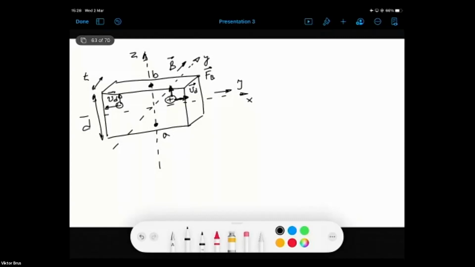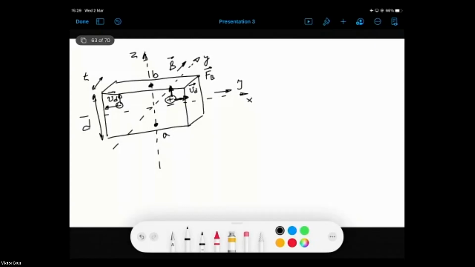When we have such a combination of electric current and magnetic field, as shown on this figure, the electrons will be pushed by magnetic force towards the upper edge of the conductor.